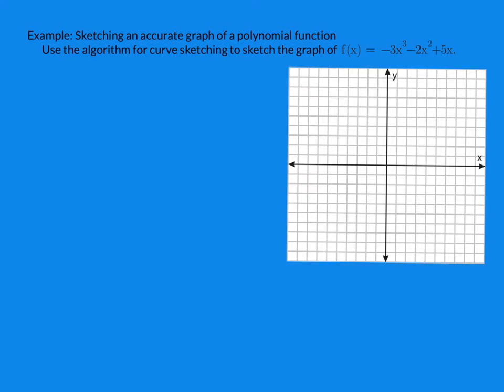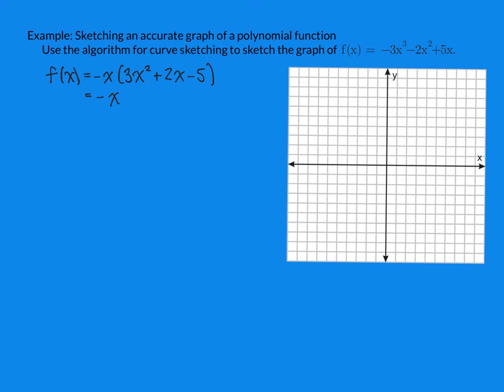And that's going to be confirmed by the fact that we can factor out the negative x. So f of x is negative x times 3x squared plus 2x minus 5. So we get a factor times a quadratic.